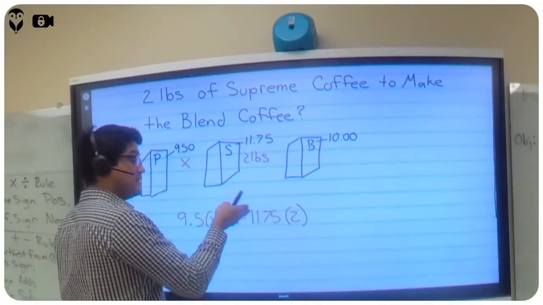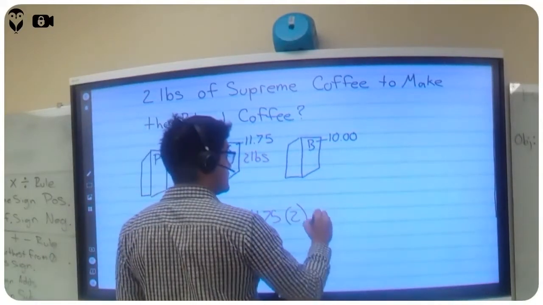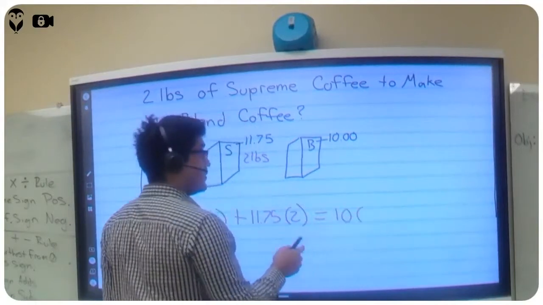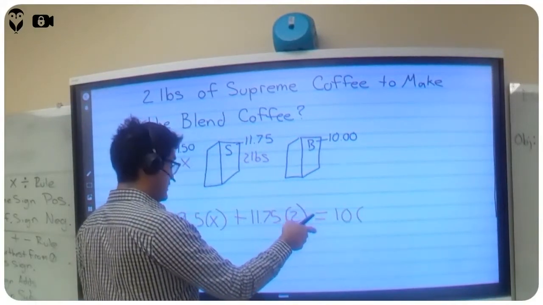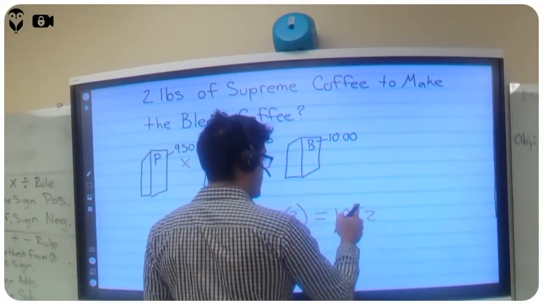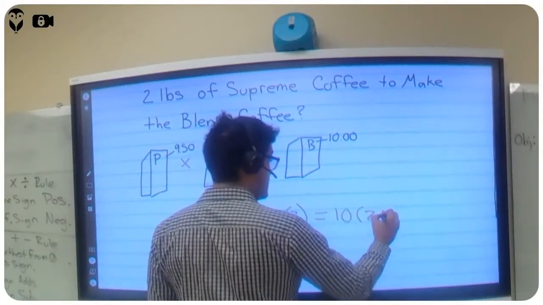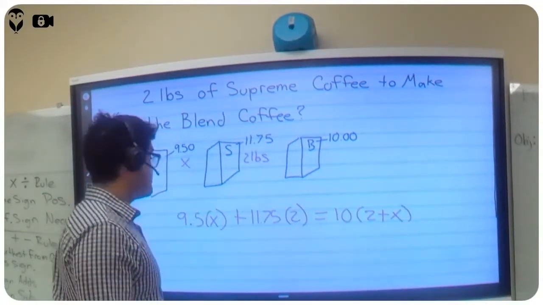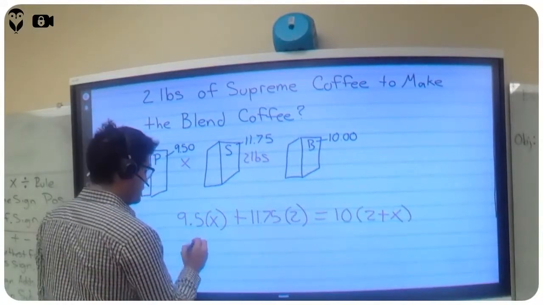We have 2 pounds of it, and we know how much it costs. But we want the $10 amount. We want it to cost $10 over here, and it's going to be the amount here, this much weight, plus the mystery weight. So this is just 9.5x.